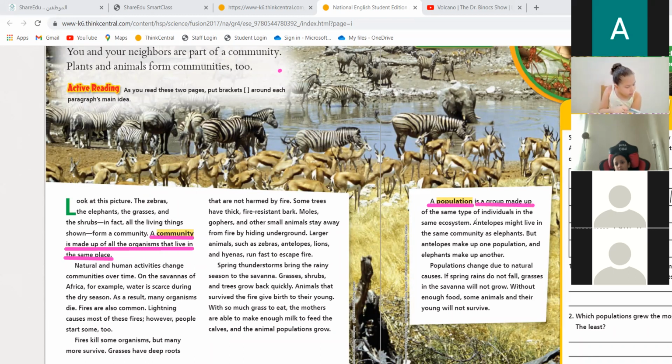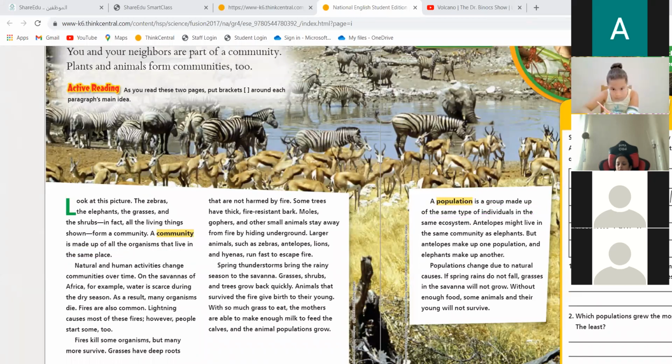So I can talk about the population of fishes that live in this ocean, the population of elephants that live in the savannah, the population of ants that live under the ground. This is a population. All right, did you underline with me? Everyone?